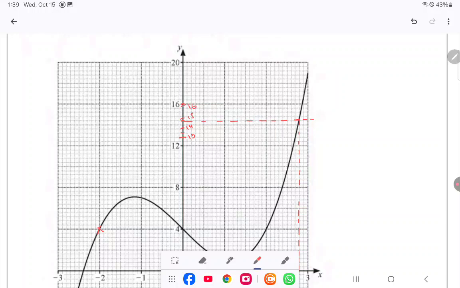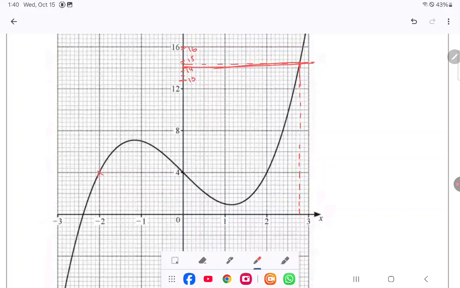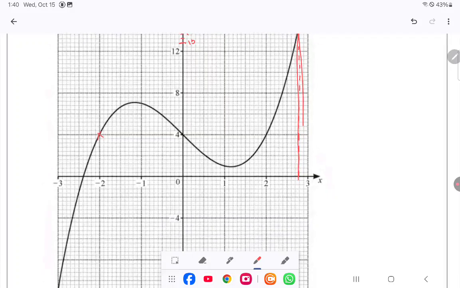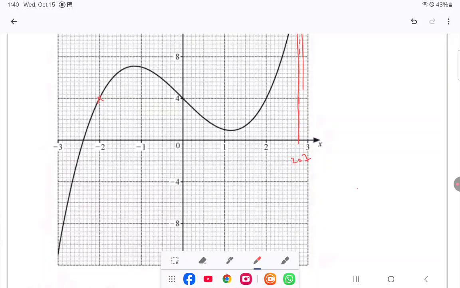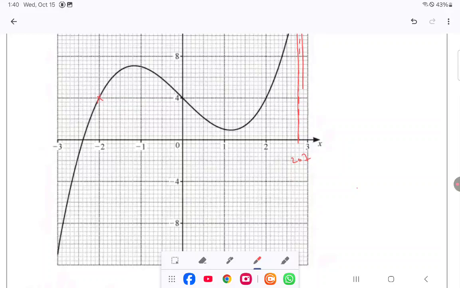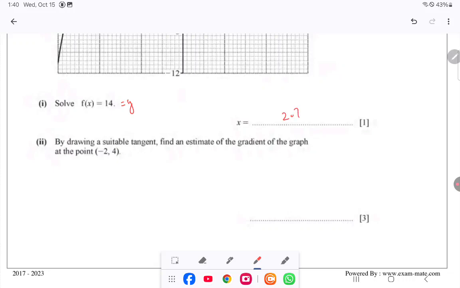So 14 lies somewhere here and it will cut the line somewhere here, which is 2.7.